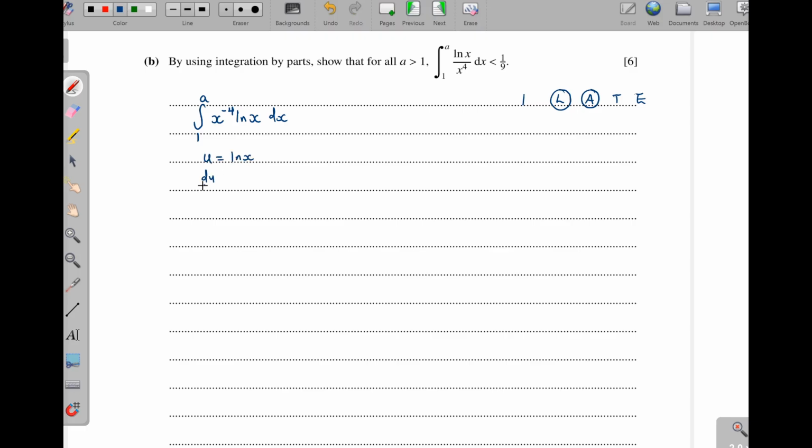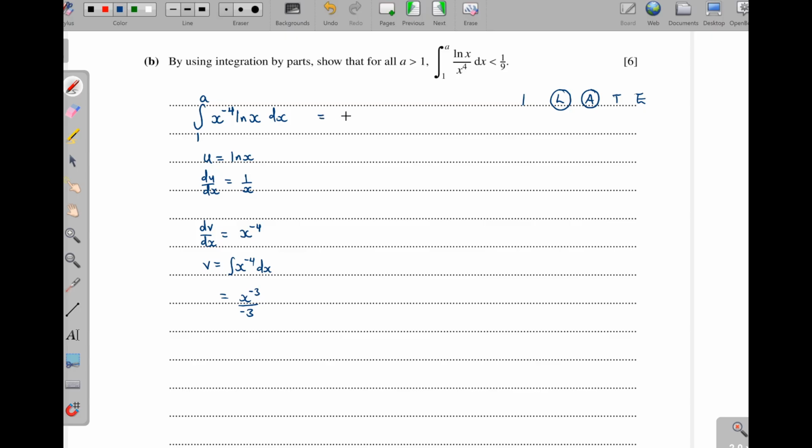You differentiate it, you will get 1 out of x, and then dv dx, that is what we are going to integrate. We have x to the power of -4, so v will be the integral. Now we increase the power by 1, that is that, then we divide by the new power. Are we there? All right, let's proceed.